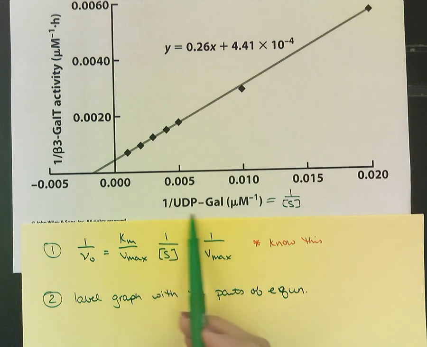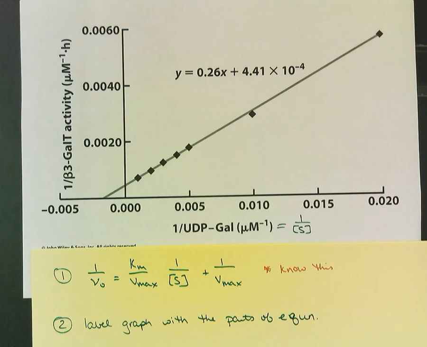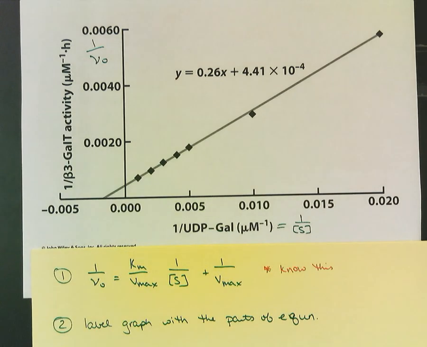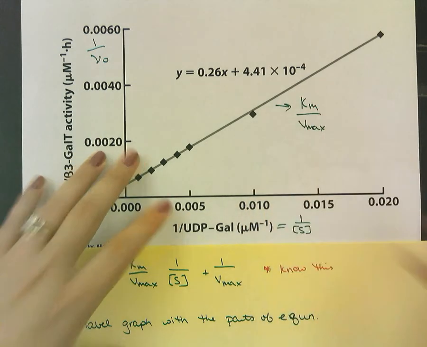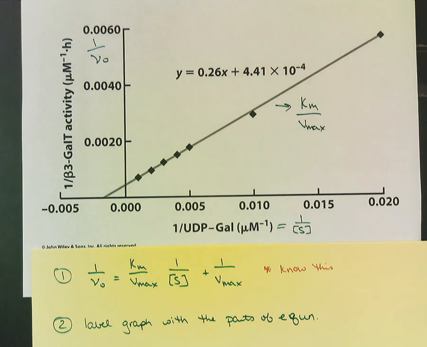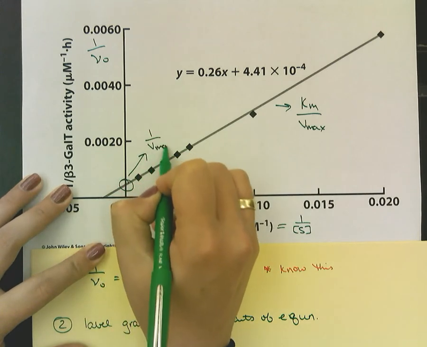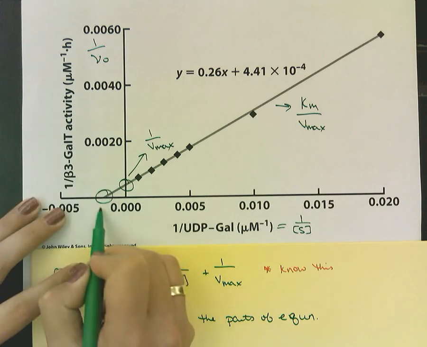That should be a gimme. What do I put on the y-axis? 1 over V0. What does the slope equal? Okay, Km over Vmax. And what does the y-intercept equal? And then the other one you'd have to know without using the equation is what does the x-intercept equal?